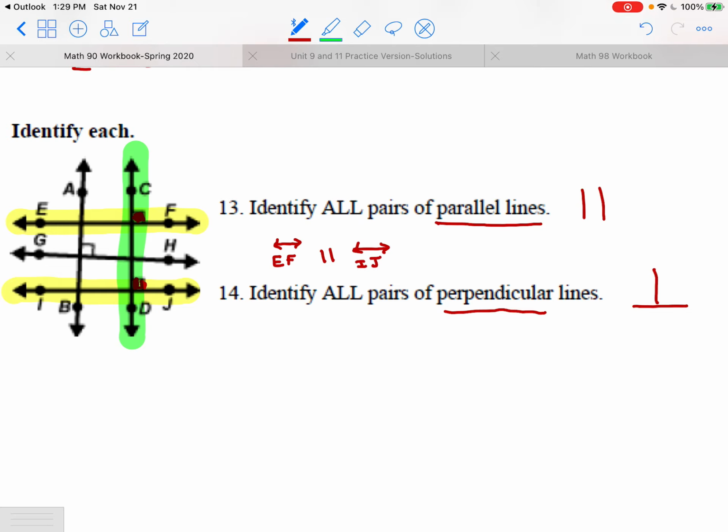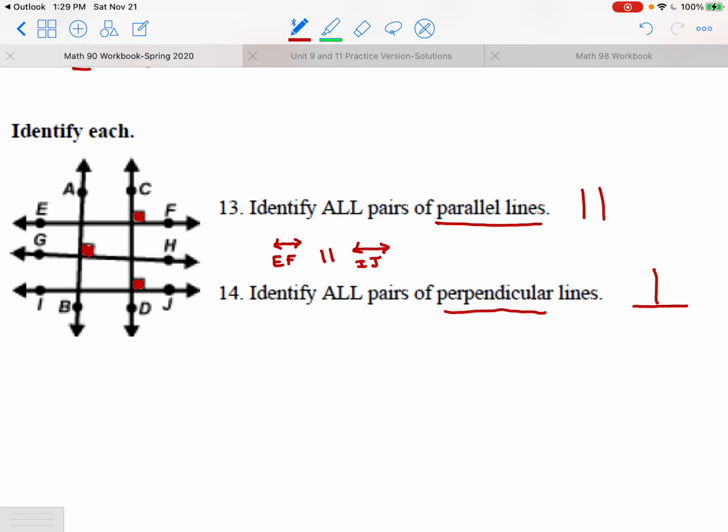Okay, so that's 13, and number 14 asks us to identify all pairs of perpendicular lines. All right, so let me get rid of this highlighting here. Let's make sure we know that perpendicular lines hit at 90-degree angles in these little boxes. That's exactly what that means, right? So we have 3 of those here.